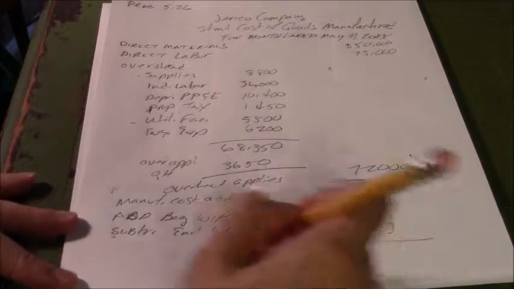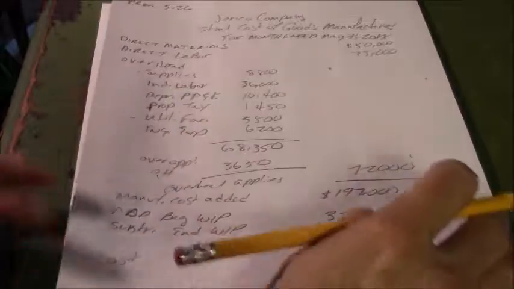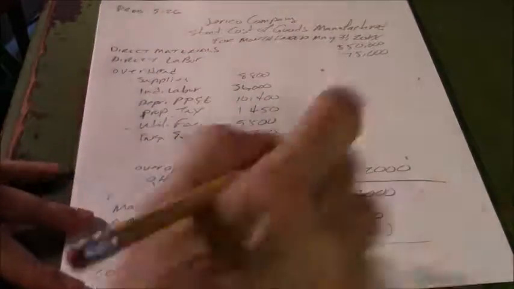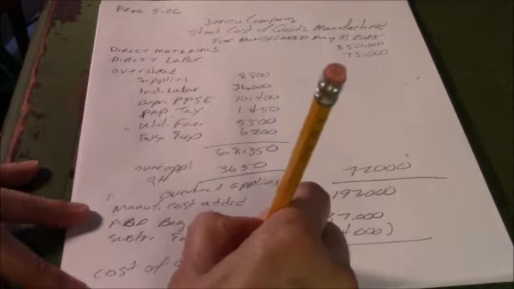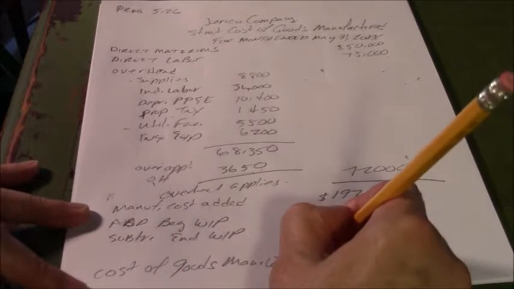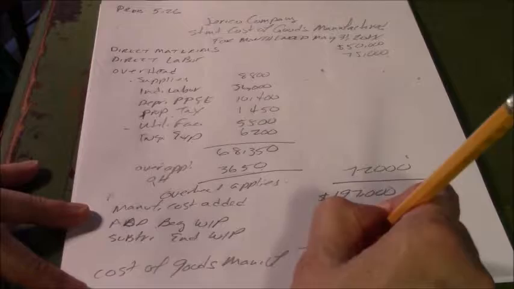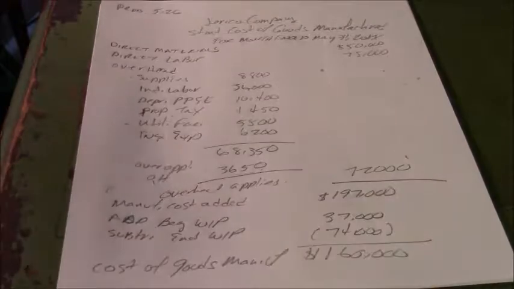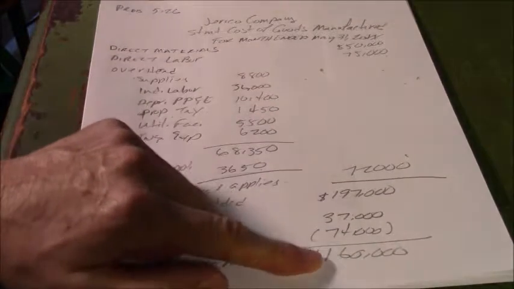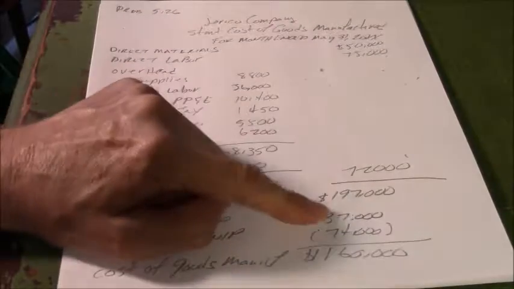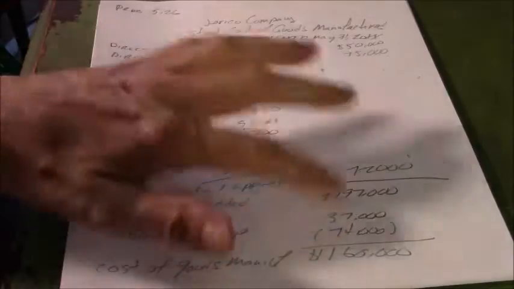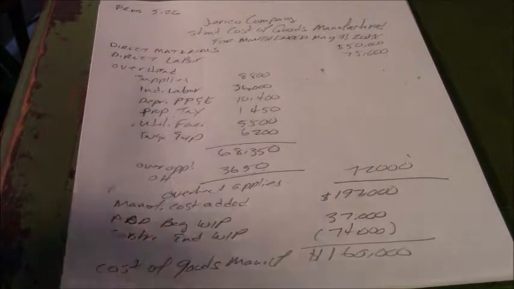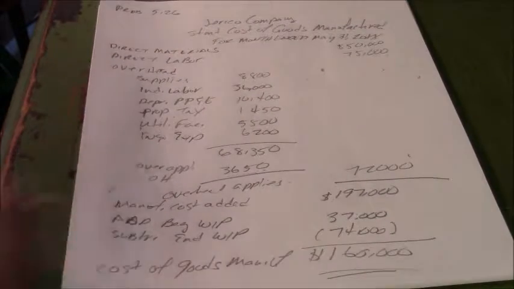And that's cost of goods manufactured, $160,000. So cost of goods manufactured is equal to beginning inventory plus goods manufactured minus ending inventory in terms of work in process. All right, so that's your answer.